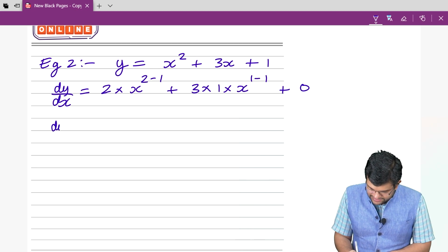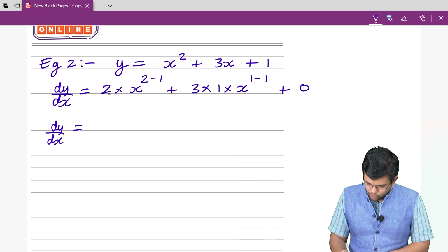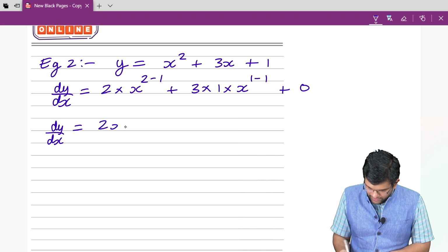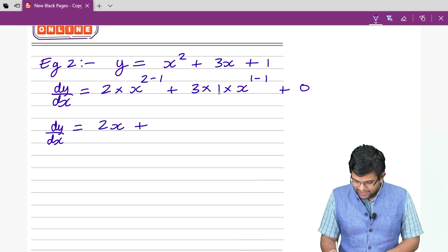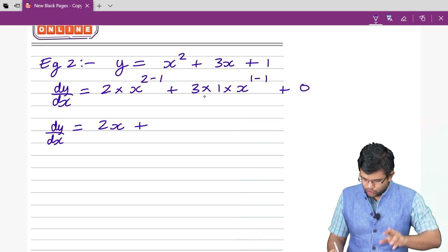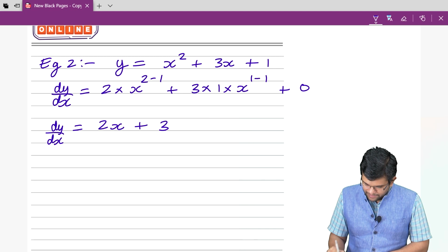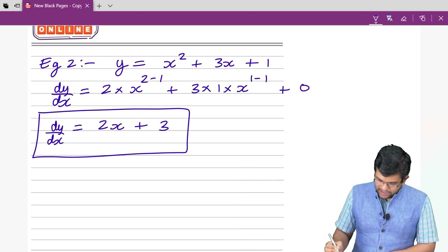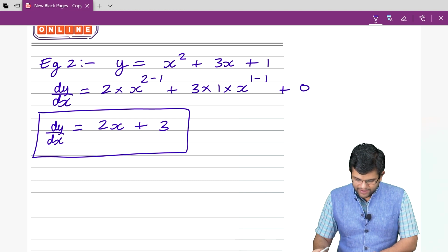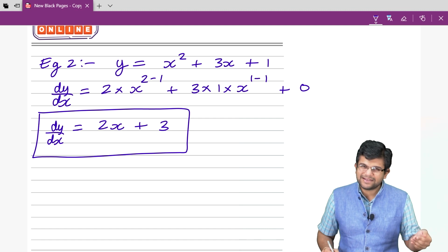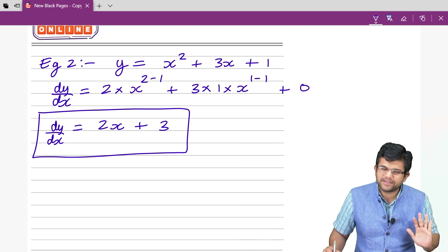So children, can I say dy by dx should be equal to 2 into x raised to 1, that means 2x, plus 3 into 1 into x raised to 0, which is 1. So 3 into 1 will be 3, plus 0. Therefore children, you now get your derivative function as dy by dx is equal to 2x plus 3, which means for every 1 unit change in x, y will change by 2x plus 3.